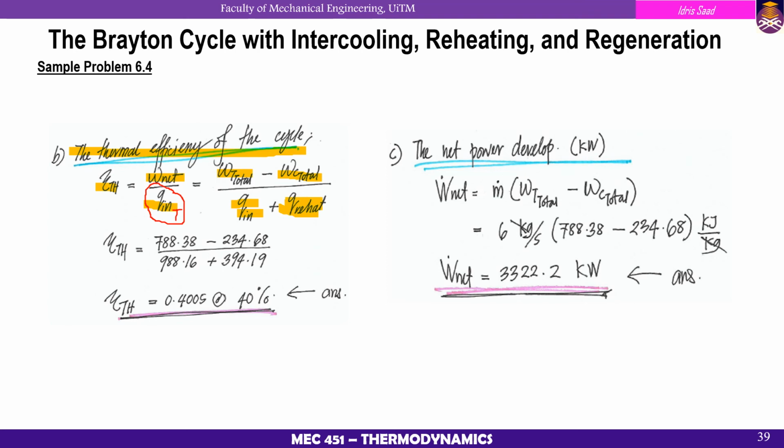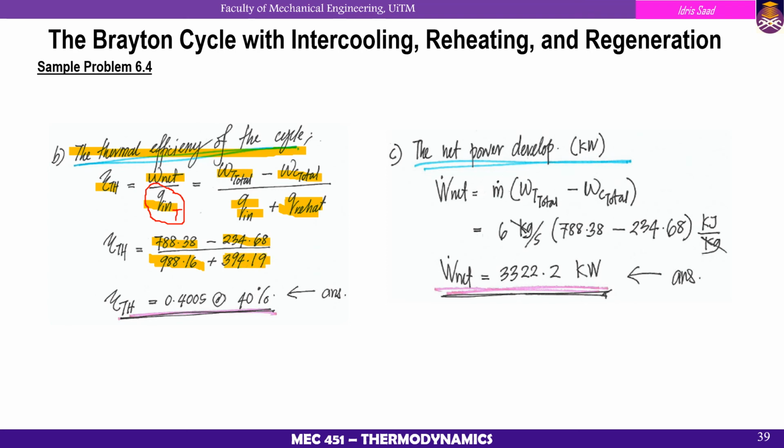So now we substitute the values. Total work from the turbine is 788.38. Work consumed by both compressors is 234.68, Q in is equal to 988.16, and the Q reheat is equal to 394.19.